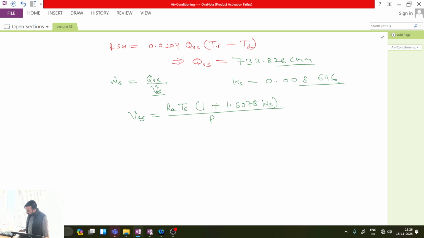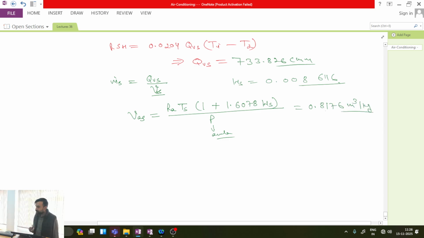So VAS comes out to be from here how much? This P will be ambient pressure 1 bar, okay, 101 kilopascal. So it comes out to be 0.8176 meter cube per kg. Clear? Now if you do so, m dot S comes out to be how much? 733.826 is cmm.